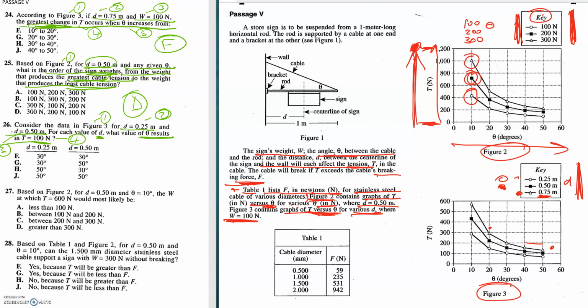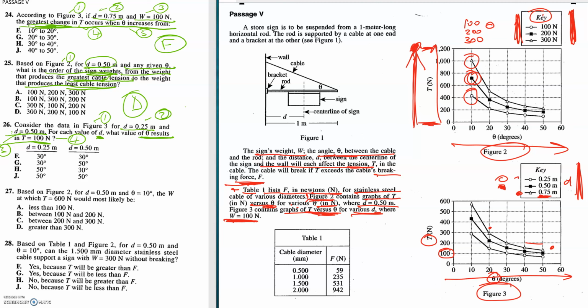That's all it took. So I've got to find for each value of D, for 0.25 and 0.50, what value of theta, so I'm along the bottom here, what value here will give T, which is here, of 100, and that's here. So I've gone through the whole question and found all the values, and now I just have to join the dots pretty much.